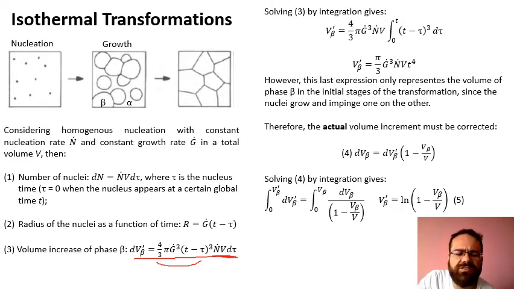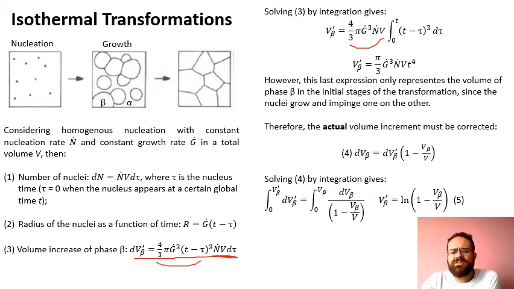And I call this increment in volume V beta prime, because it's not the actual volume of phase beta, and we're going to see why shortly. Well, we can solve this by integration, noting that all this is constant with respect to time, and then we get an expression for the volume of beta.